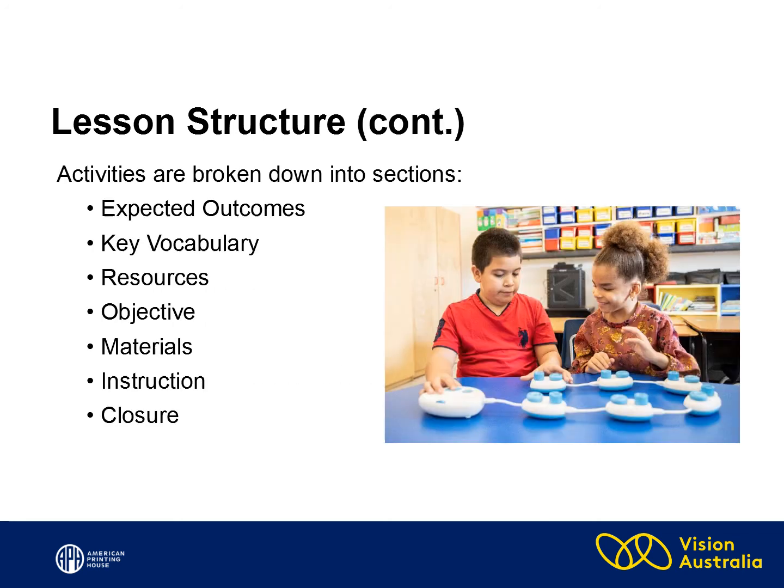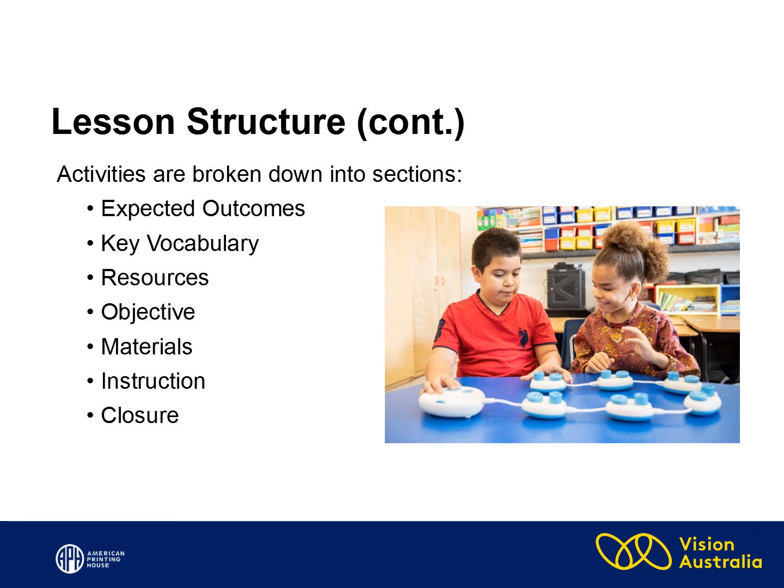Lesson structures are broken down into expected outcomes, key vocabulary, such as the vocabulary words used within each lesson, the resources, which include videos and outside resources that'll be needed for the lesson in the classroom, and the objectives, such as what the students will learn during the activity, materials and the outside materials that may be needed for the activity.